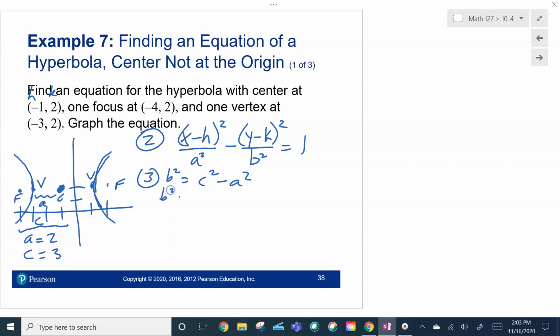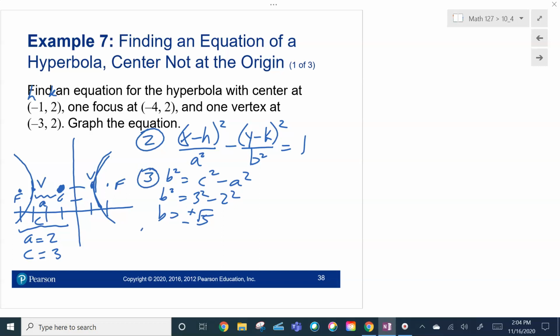So let's find b. It comes out to plus or minus root 5.